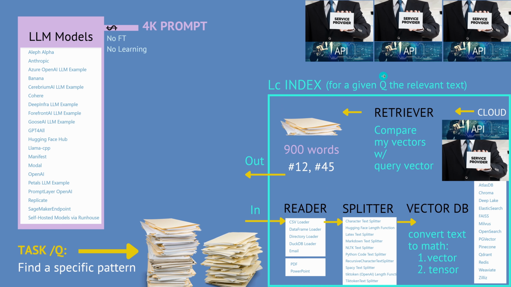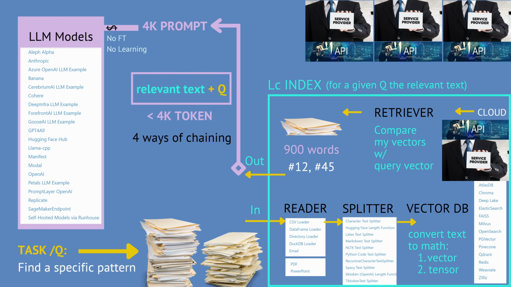For a given query, you get the relevant text back from your document stack. Your documents you downloaded from the internet, PDF, CSV file, whatever, 100 different forms of document can be processed. So beautiful.